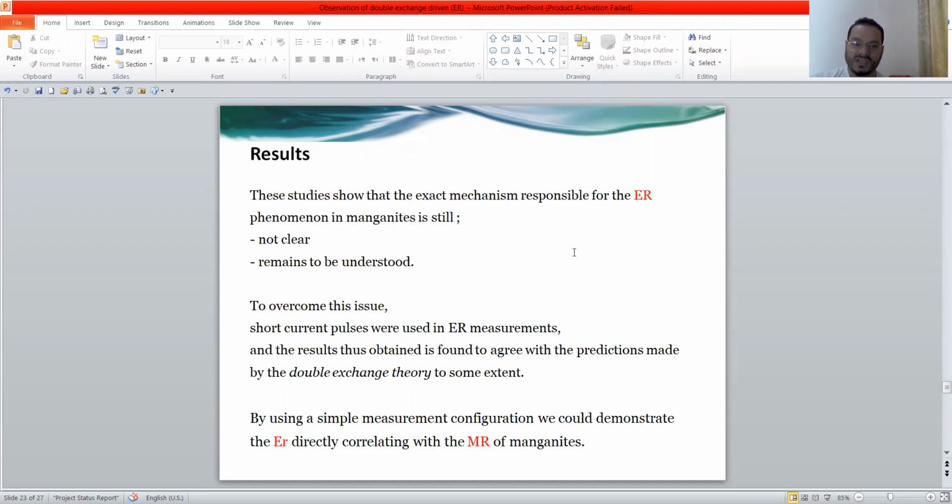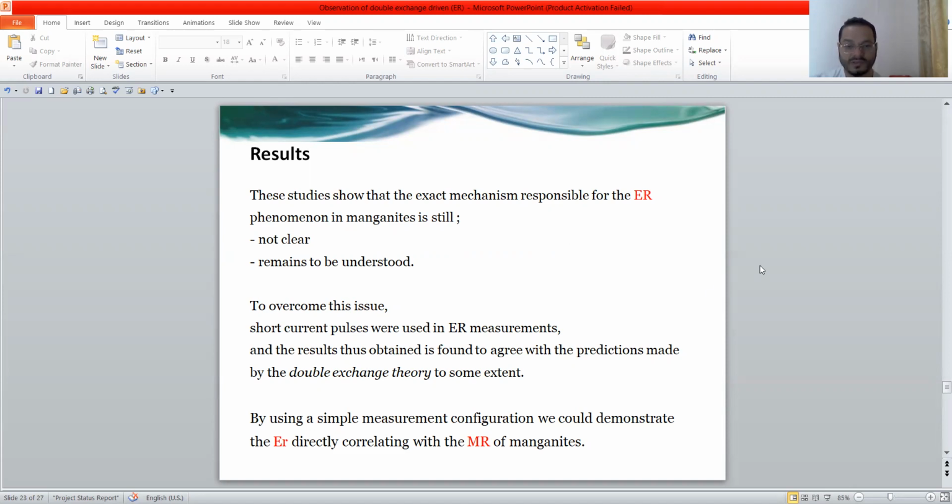To overcome this issue, short current pulses were used in electric resistance measurements, and the results thus obtained are found to agree with the predictions made by the double exchange theory to some extent, in the electric resistance measurements when we're talking about short currents, by using the double exchange theory.